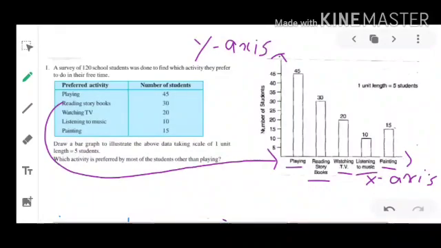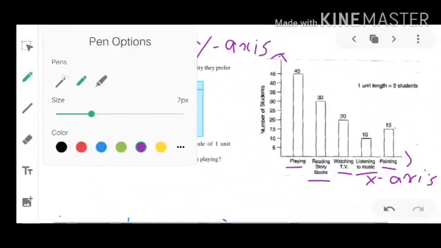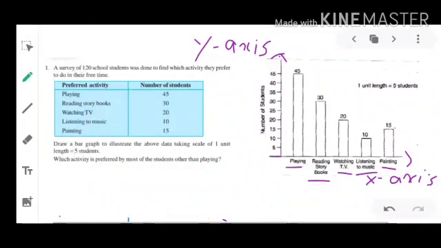First of all, we have to decide the minimum students and maximum students, and after that we decide our scale. But in this question, the scale is already given, so we start with 5. But before that, we have to write here 0. Okay students? Now, in this question, the scale is already mentioned, but in later sums, we have to decide.